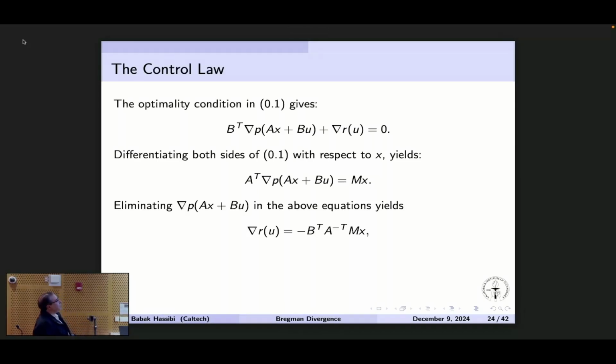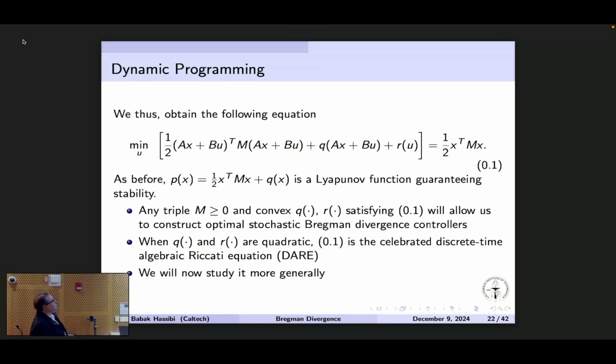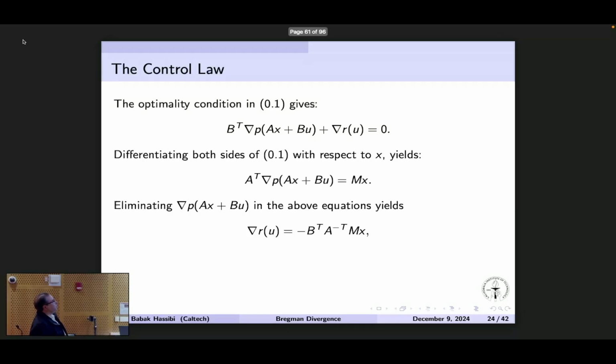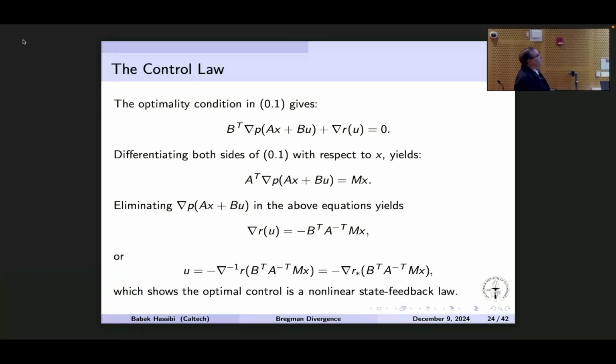I can eliminate this nasty quantity. P, if you recall, I had defined as q plus m. Anyway, you can eliminate it, you get this. So it says the gradient of the cost on the control is this quantity. It's a linear function of x, depends on m. But more importantly, the optimal control, you just invert this, but inverting this is just the gradient of the Fenchel dual. Okay?